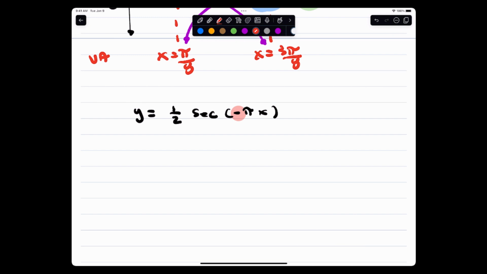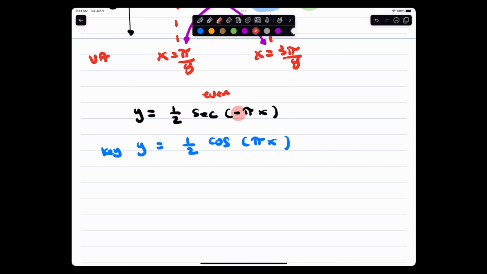What do you guys know about that number? It's negative. Secant is also what? Is that an even? I think secant is even. Is that true? You say, how do I know that? Because cosine's even. So you go, oh, y equals 1/2 what? Cosine pi x then. Remember the key.